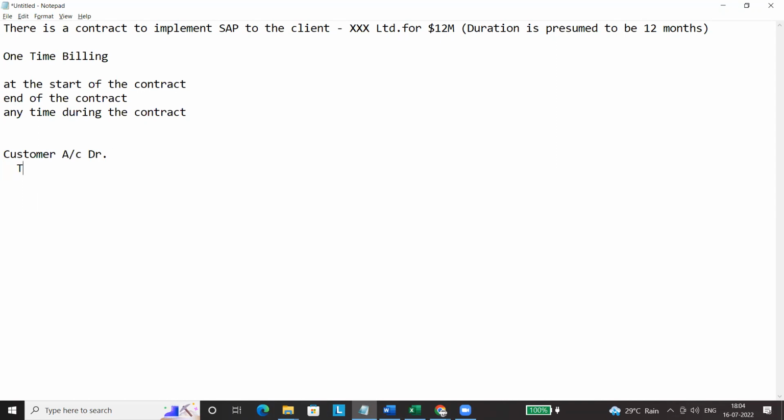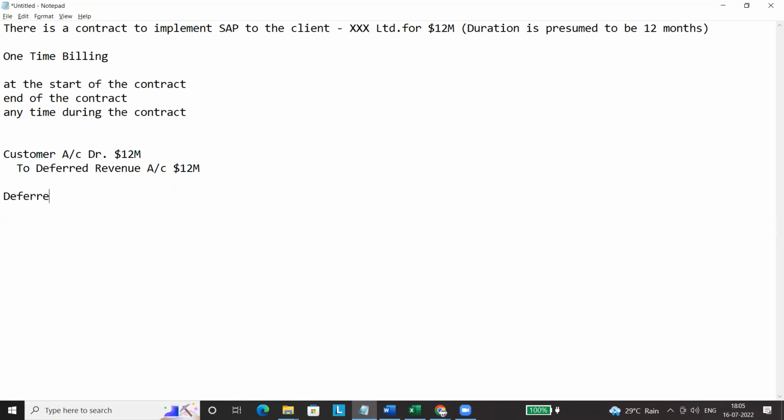debit. It won't directly go to revenue, but it will initially go to deferred revenue, right? Deferred revenue means we are deferring our revenue to future periods. So all 12 million would initially go to the deferred revenue account, and from here, at the end of each month, we'll take it to our actual revenue account.